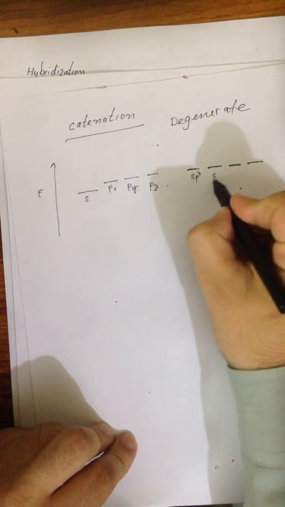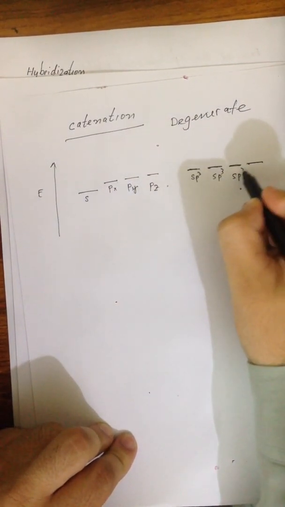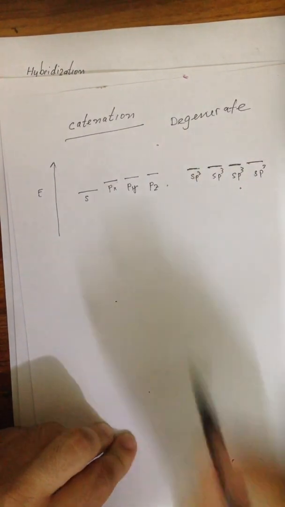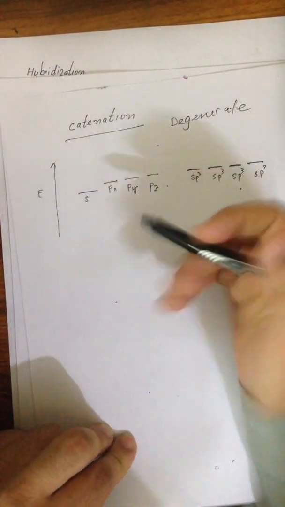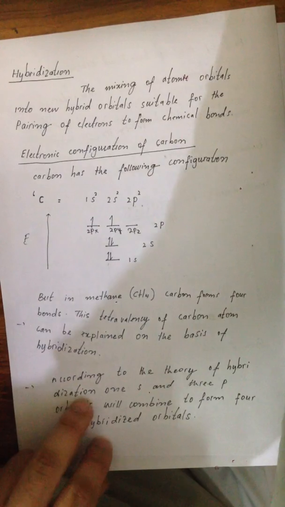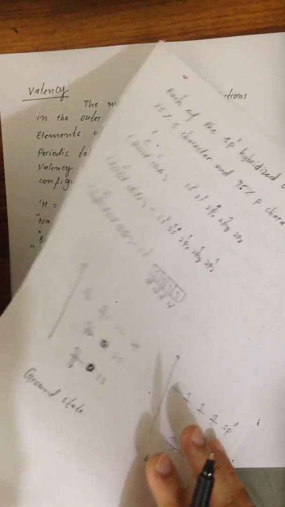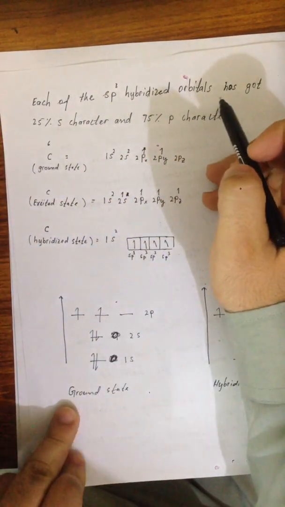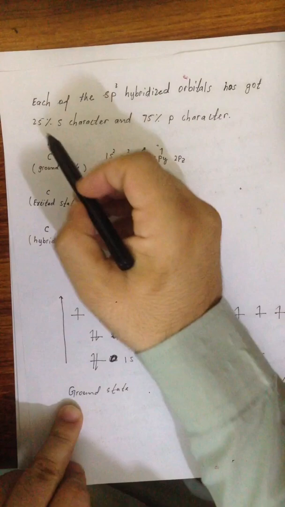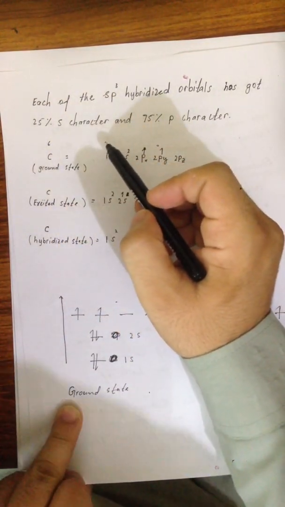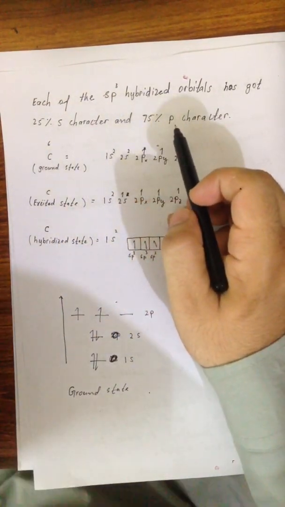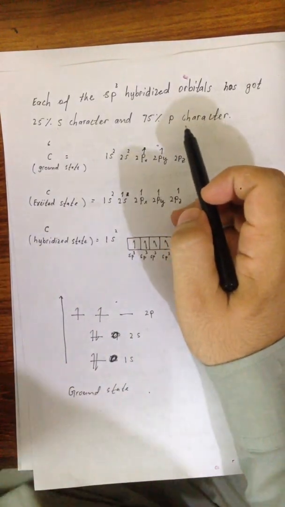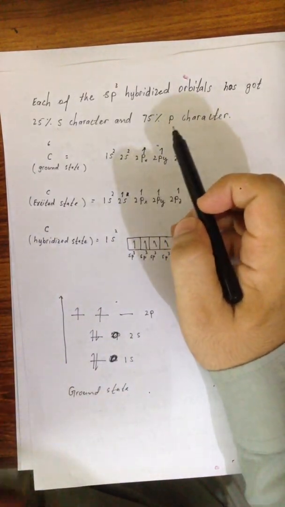The sp3 hybridized orbitals. They're degenerate. They have the same energy. Each of the sp3 hybridized orbitals has 25% s character and 75% p character.